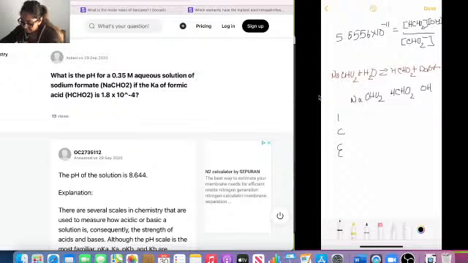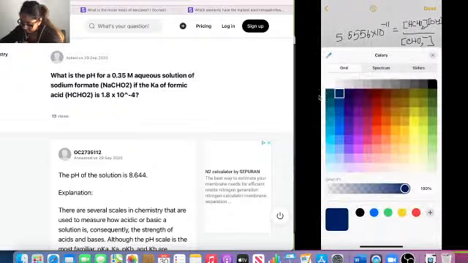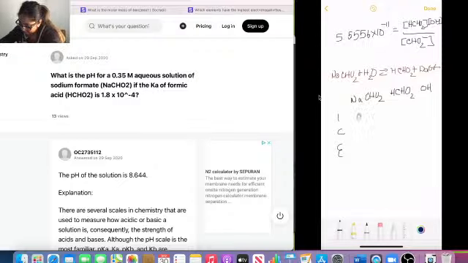And you don't have an initial concentration for your products, so those are going to be 0. And your reactant change is always negative, since we're dissociating sodium formate to form your ions, so you have negative x, plus x. And so you can write the equilibrium as 0.35 minus x, and this is just x and x.